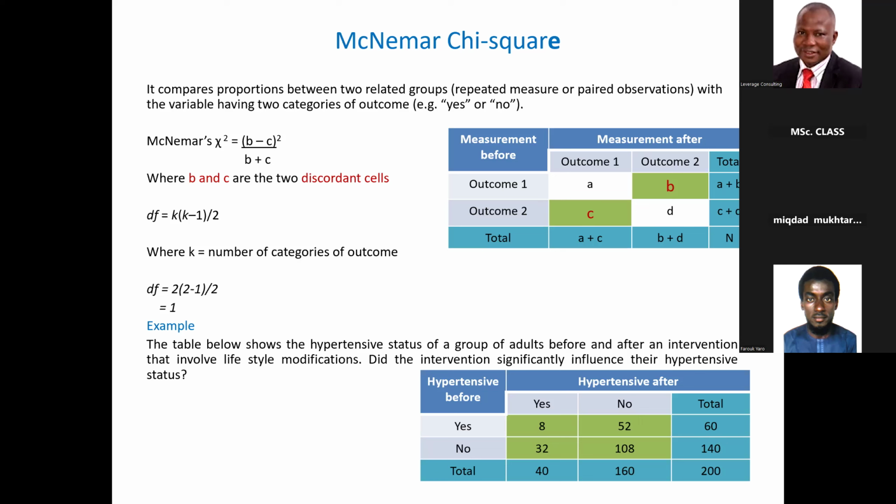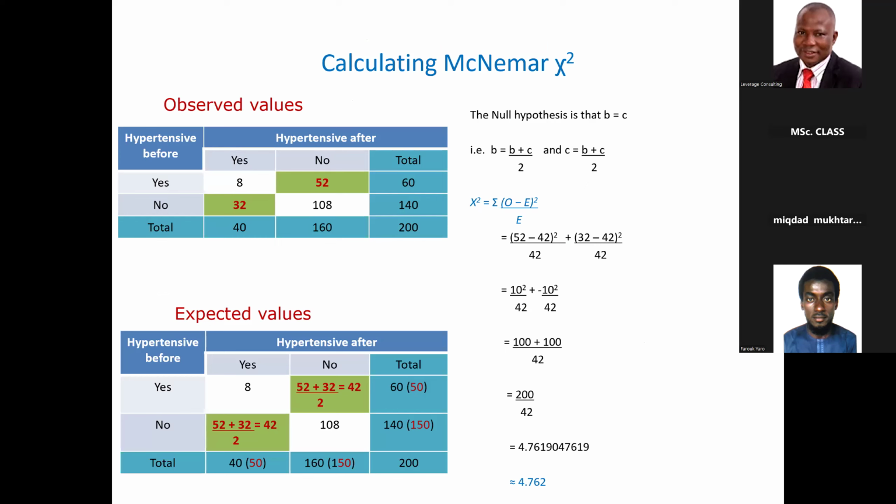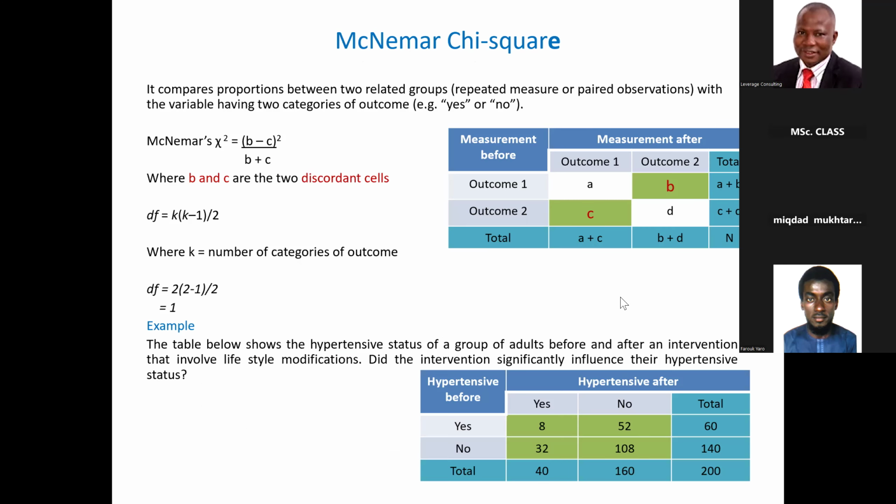If you draw the table: outcome 1, outcome 2 for the measurement before, then outcome 1, outcome 2 for the measurement after. You will see the concordant cells are A and D, that is outcome 1 by outcome 1 and outcome 2 by outcome 2. But B and C are the discordant.